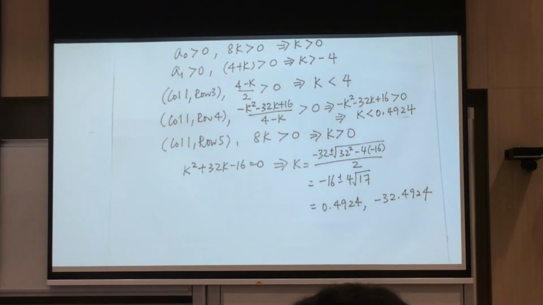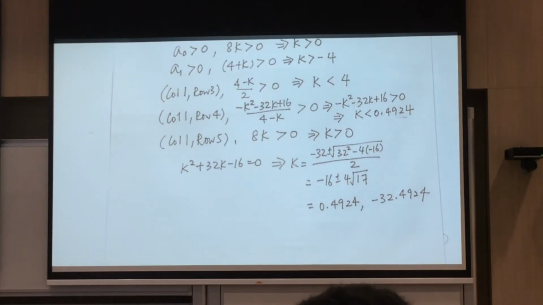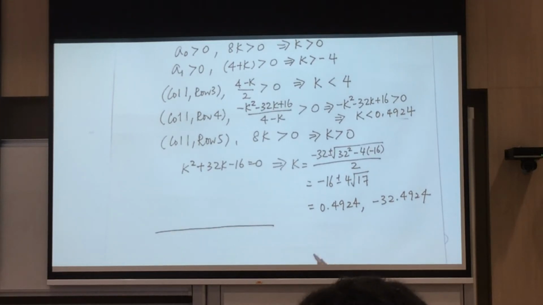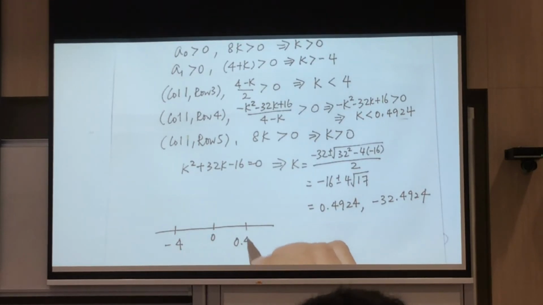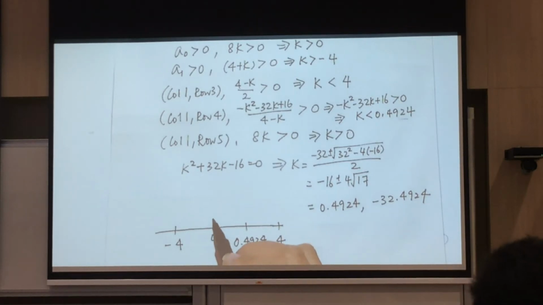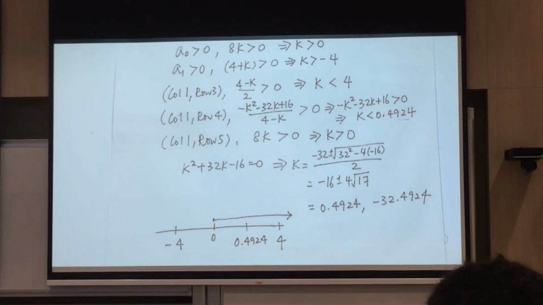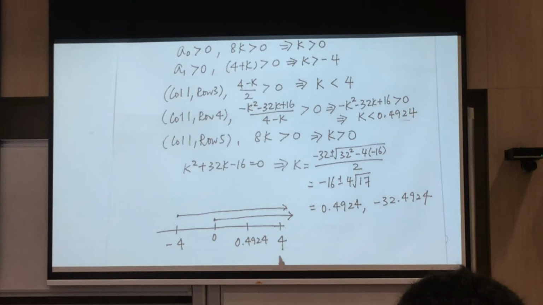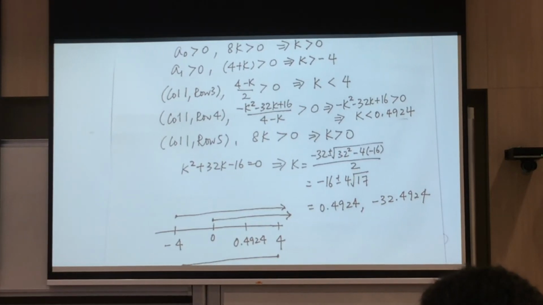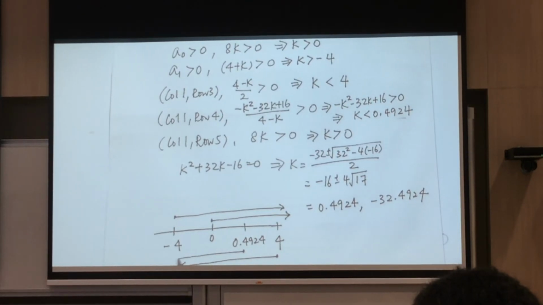Okay, next, summarize. Your conditions: K bigger than 0, K bigger than minus 4, K smaller than 4, K smaller than 0.4924.